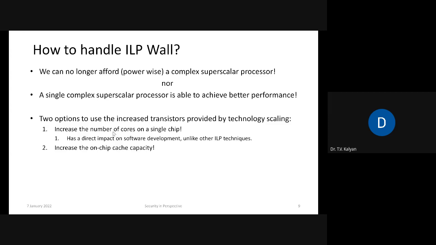It also resulted in an increase of on-chip cache capacity, right? Caches, as you are aware, store the frequently used data. And multiple cores are there, so all the cores can use this cache to sustain the increased accesses, because now the accesses are increasing because multiple programs are running simultaneously.